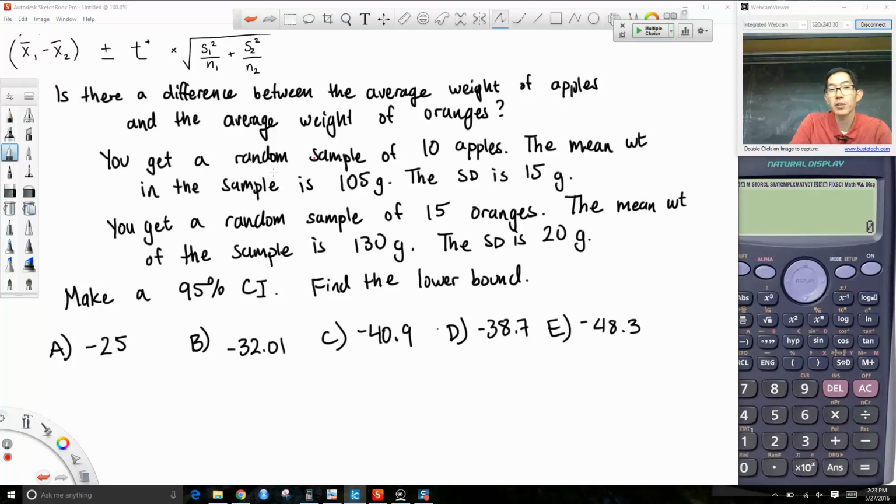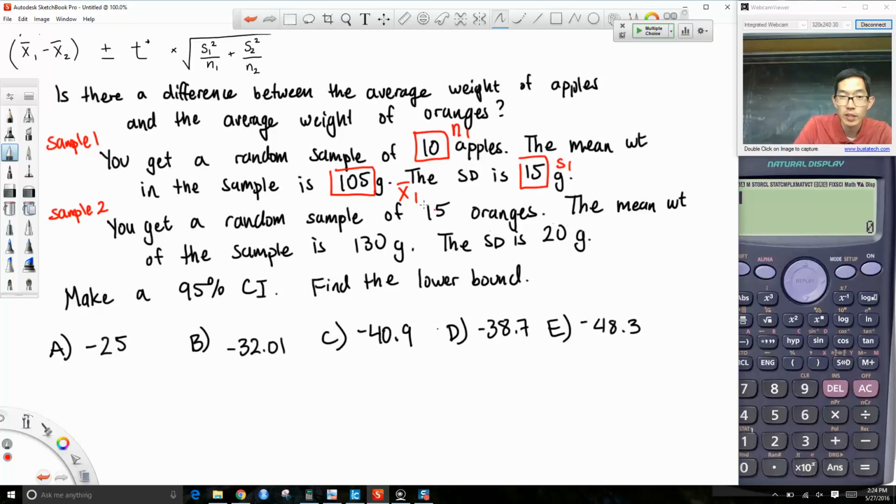Okay, so we just have to arbitrarily label one of these to be sample 1 and the other one to be sample 2. I just did the first one to be sample 1 and the second one will be sample 2. So the 10 apples will be N1, the 105 will be X bar 1, and the 15 will be S1.